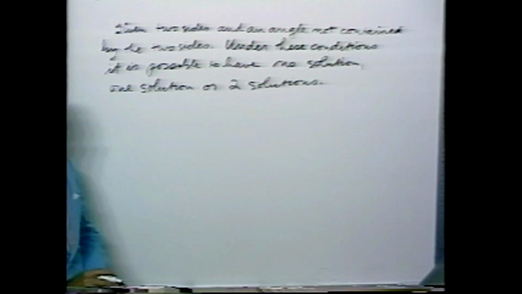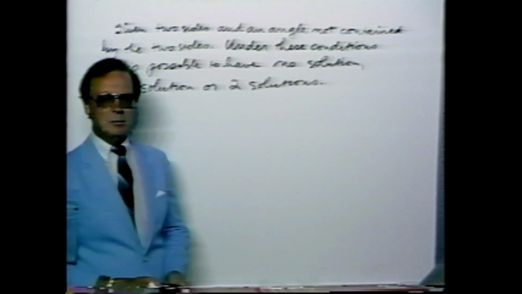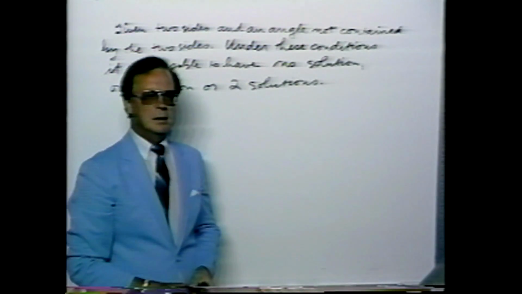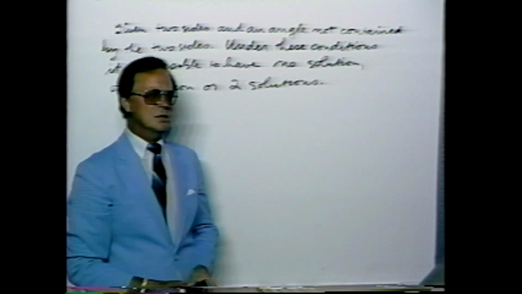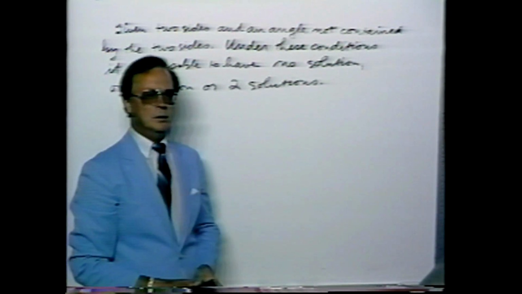Some textbooks refer to this as the ambiguous case, but really there's nothing ambiguous about it. The number of solutions to such a problem will depend on the size of the measurements given for the given components.